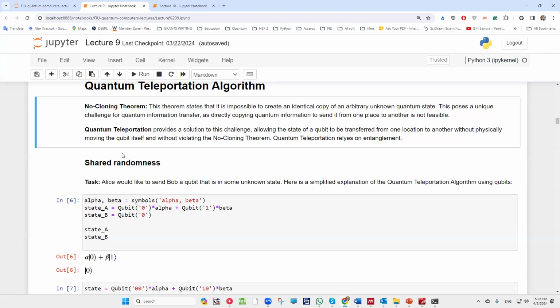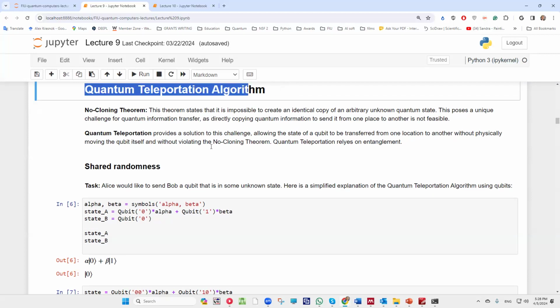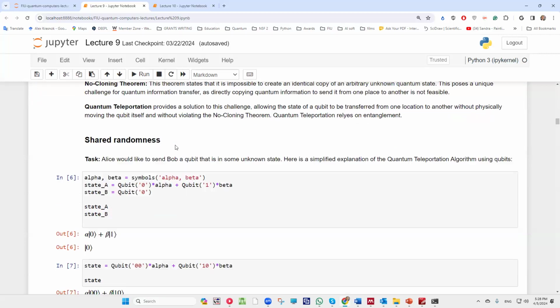So no cloning. But then if I need to transfer the quantum state to another system, to another place, to another person, how do I do so? I do that using the quantum algorithm protocol, or quantum teleportation algorithm.